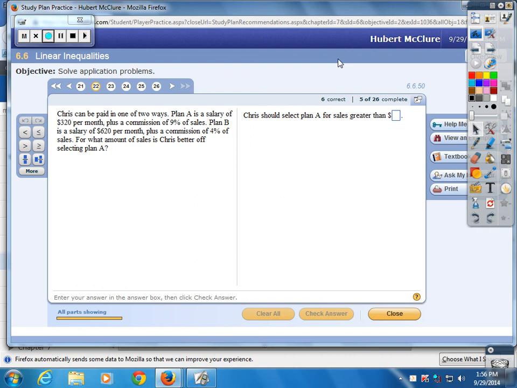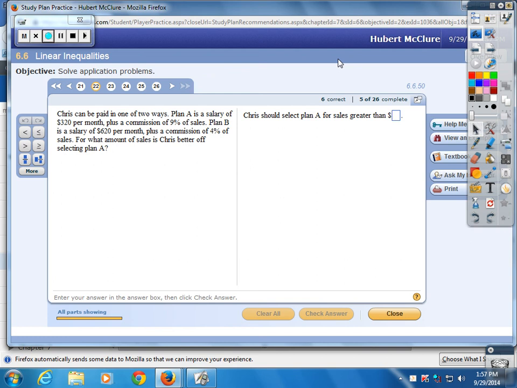All right. For what amount of sales is Chris better off selecting Plan A? So which one's better off? Which one does he want to see is better off? Read the last sentence. Plan A, Hubert. That's right, class. So it would be Plan A greater than Plan B. Why not equal to?